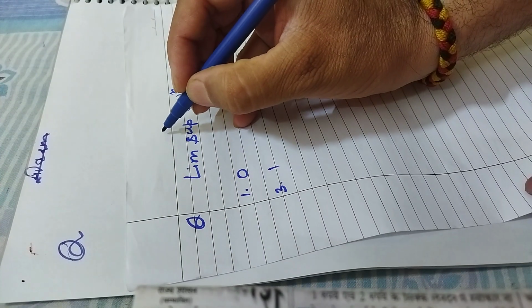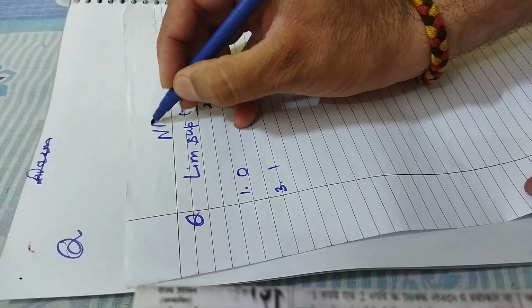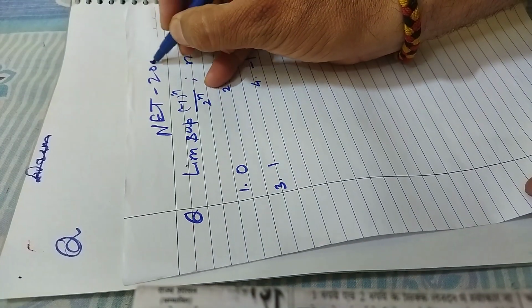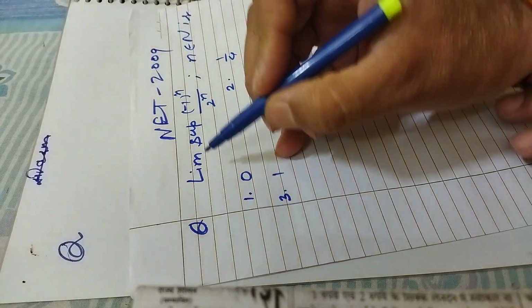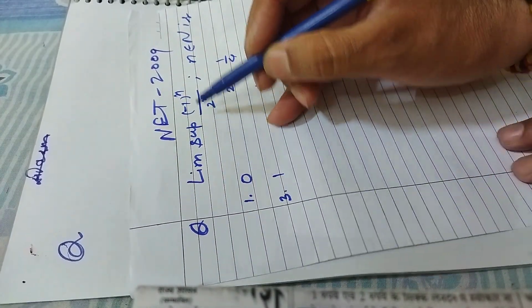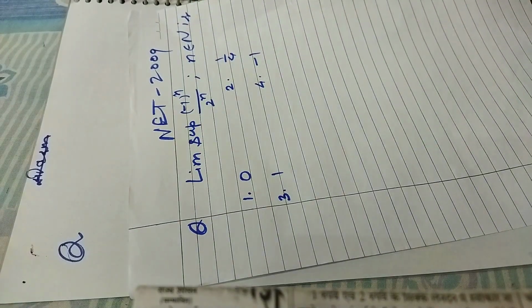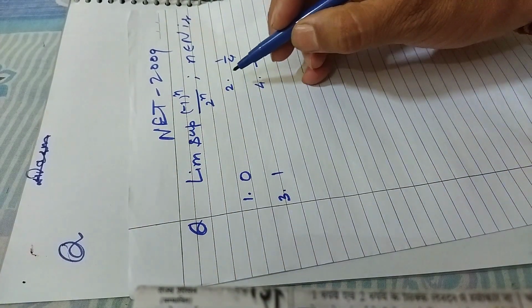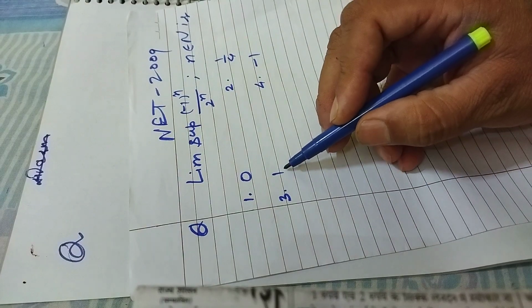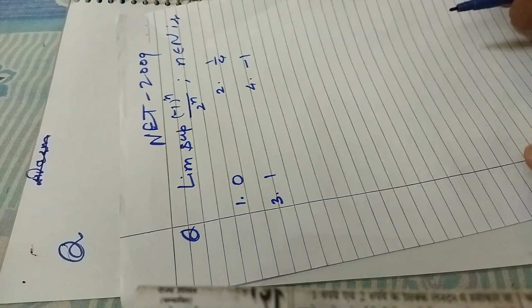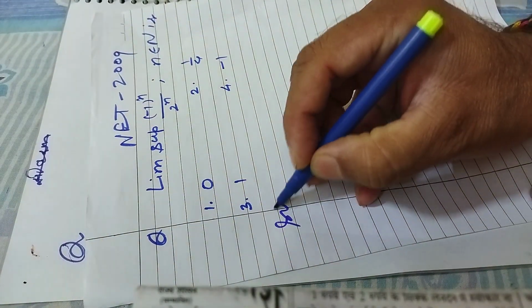Now we see another question which came in the year 2009. The limit supremum of (-1)^n upon 2^n, n belongs to capital N, is: first option is 0, second option is 1 by 4, third option is 1, and fourth option is minus 1.